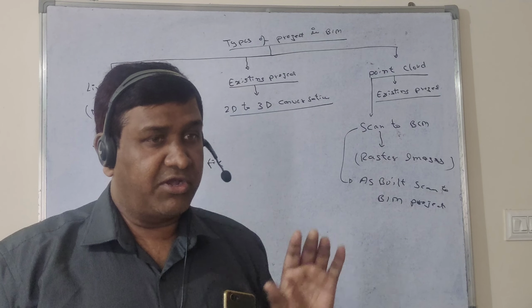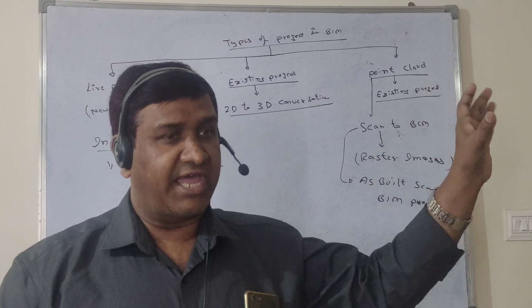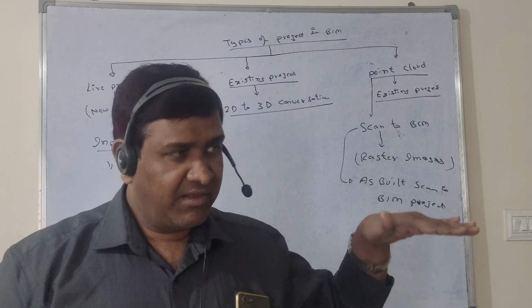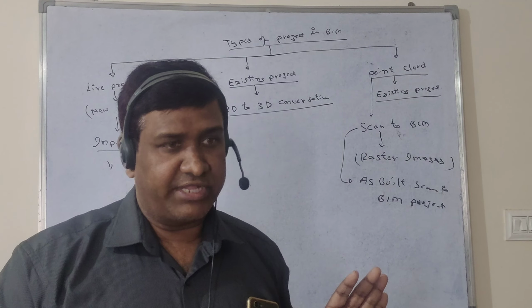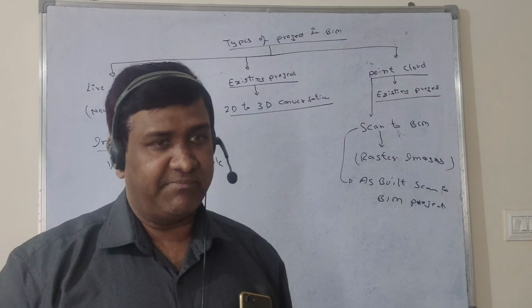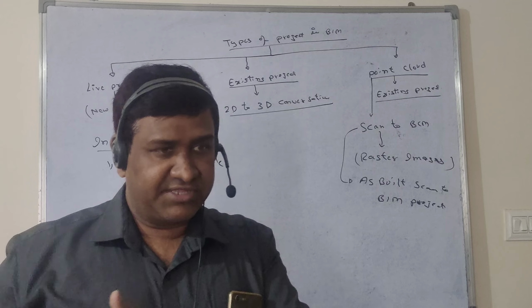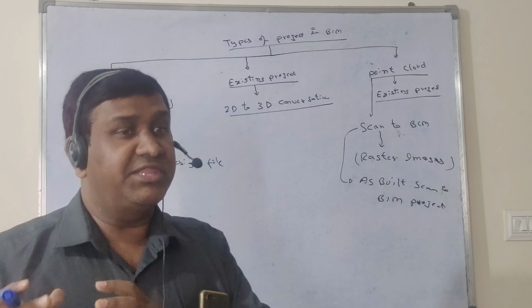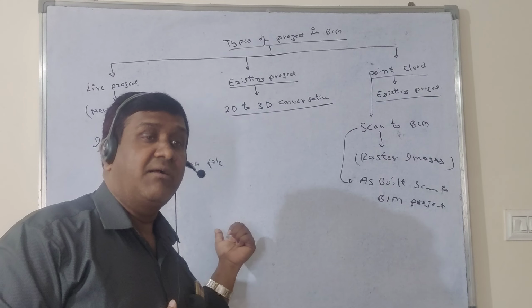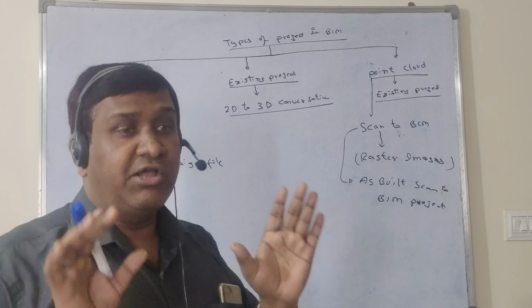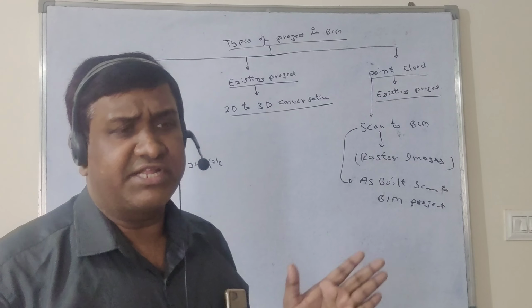The size information will be there, and the routing also: for piping, from which room to which room the pipe is going to connect. Wherever the architecture columns and slabs will be there, all that information is there, but it is not a fully detailed design file. It is just an overview design, like what we call a tender drawing.